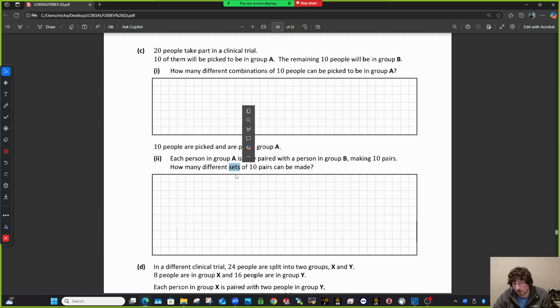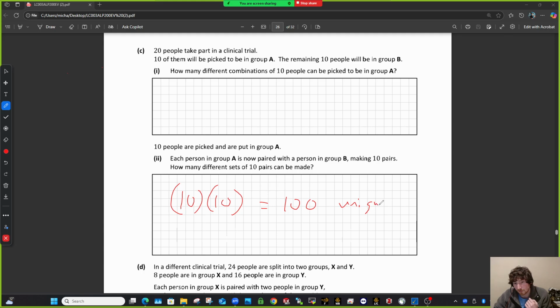This word should have been in bold, and it should have explained what a set is, maybe with a smaller example. So the trap is to think we're just making pairs here, so maybe this is just 10 by 10. This is the number of unique pairs, where we took 10 from the first group and paired them with 10 in the other. So there's 100 unique pairs.